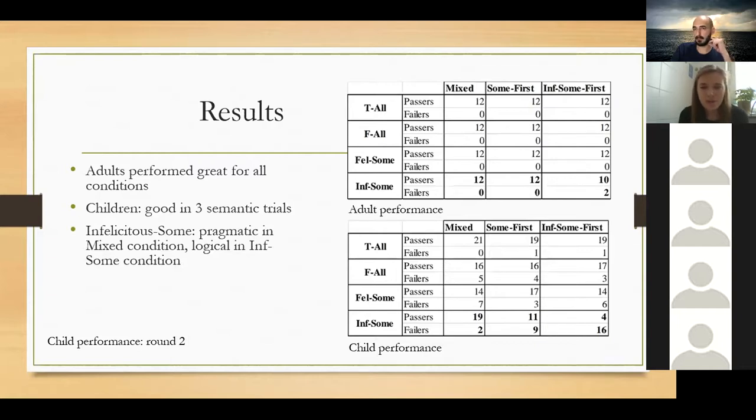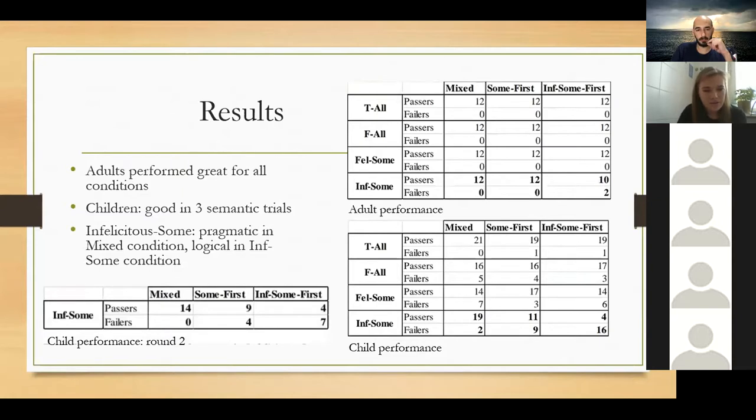So they excluded all the failures. Then they made a second analysis, and here are the results for the second analysis, but only regarding the infelicitous sum trial, the trial that gives us information about the ability to generate scalar implicatures.